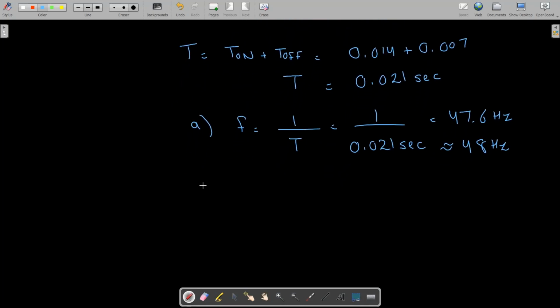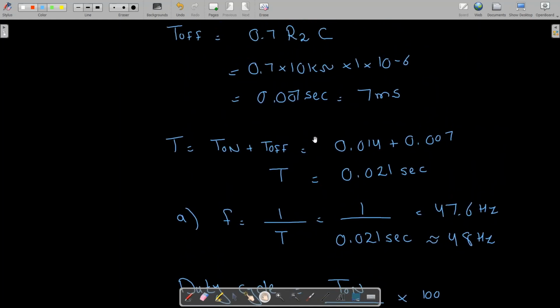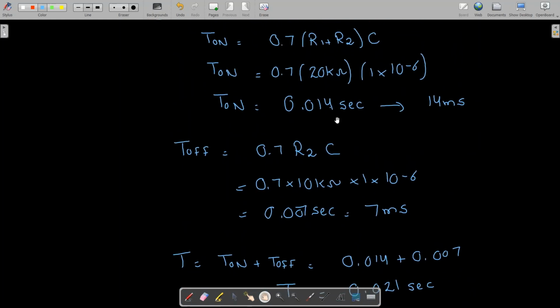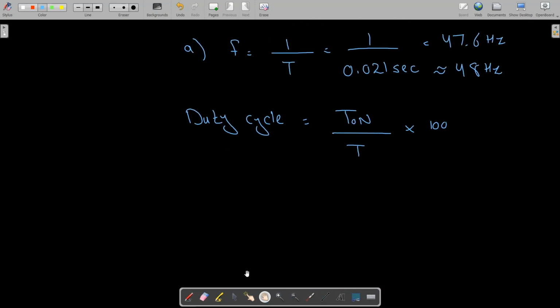Second, the duty cycle. Duty cycle, in terms of time, is T on divided by the total time multiplied by 100. Now again, T on is your 0.014 second or 14 millisecond. Fine. So we have 14 millisecond divided by the total time.